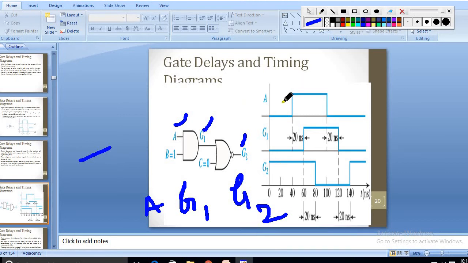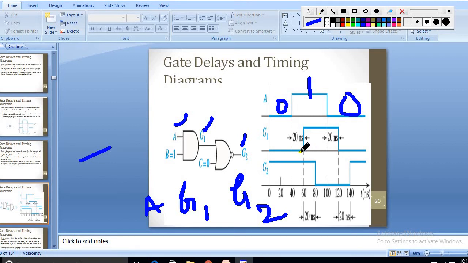So see the diagram. I will show how exactly they are interlinked with this waveform. First see here, it is initially 0, right? It is 1 and it is 0, the inputs I am giving to this AND gate. B is always 1, right? So how exactly will G1 change? When A changes from 0 to 1, again in this gate delay timing diagram for any sequential circuit, it does not change instantly, because it will take its time.